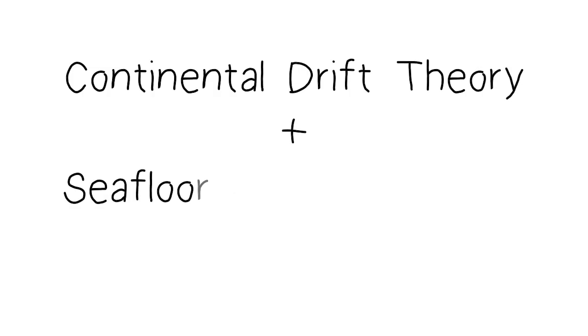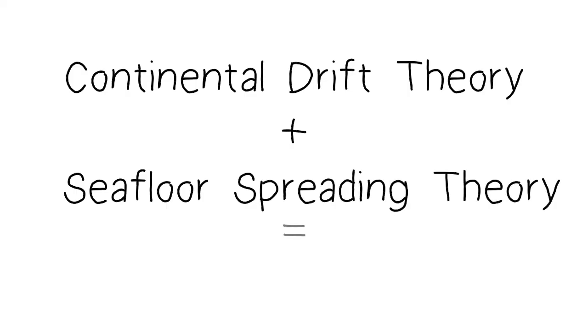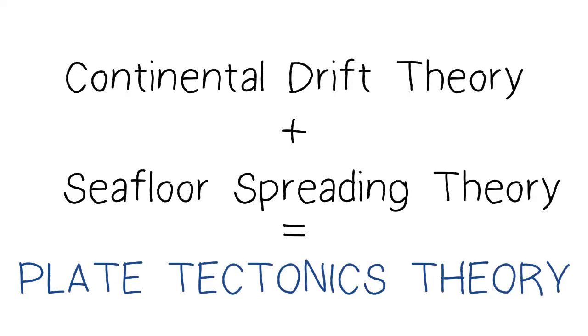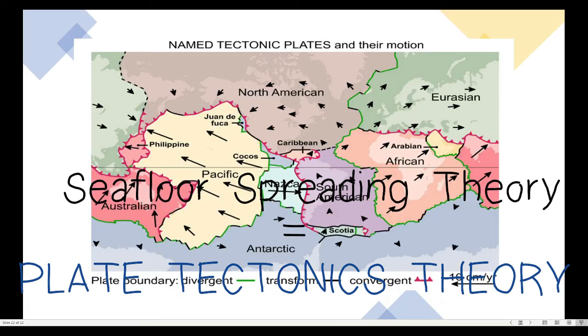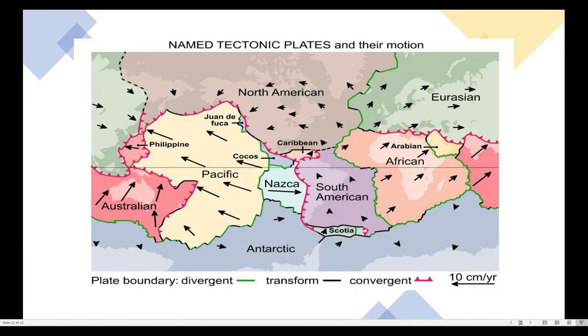If we combine the continental drift theory and the seafloor spreading theory together with information on global seismicity, which refers to earthquakes all over the world, then we have the plate tectonics theory, which we discussed in the first few weeks of this quarter. This theory became a coherent theory to explain crustal movements. So we are connecting what we discussed earlier to the new topics, so that we can see that they are all related.